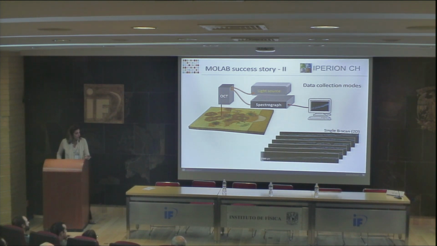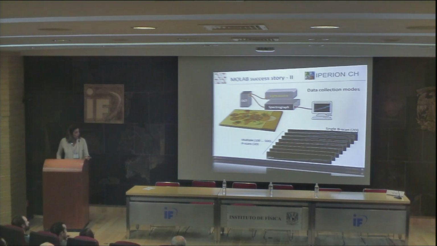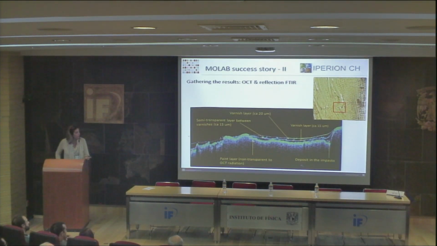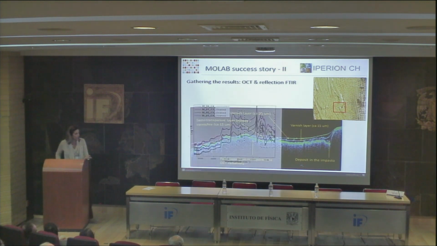And the thickness of the varnish layer was also correlated with FTIR measurements in order to recognize the materials of the varnish. This is an example of a cross-section obtained by means of the optical coherence tomography device.